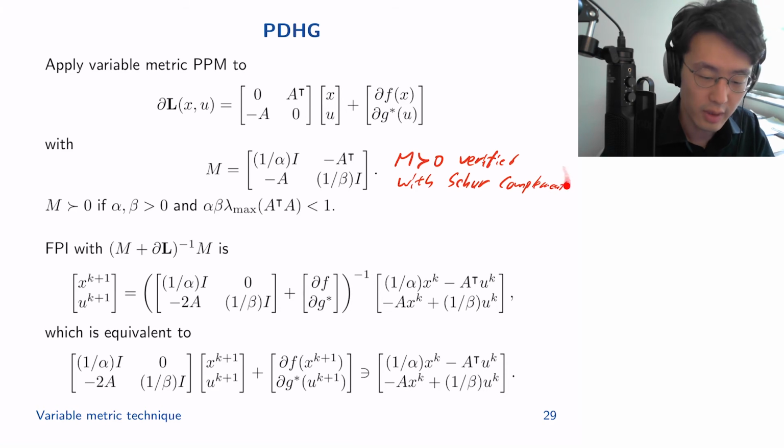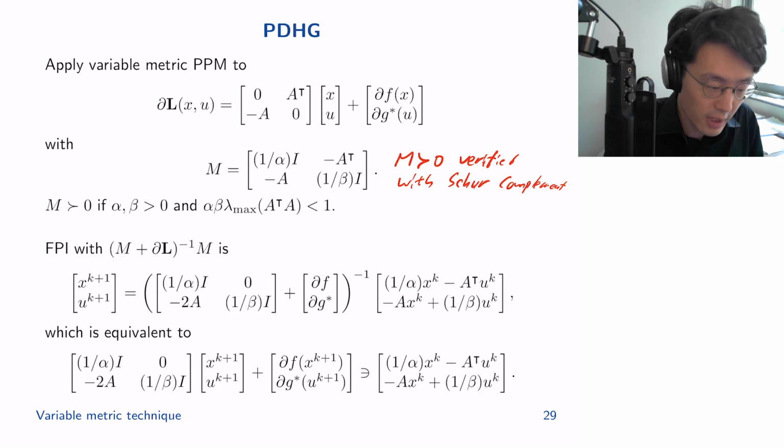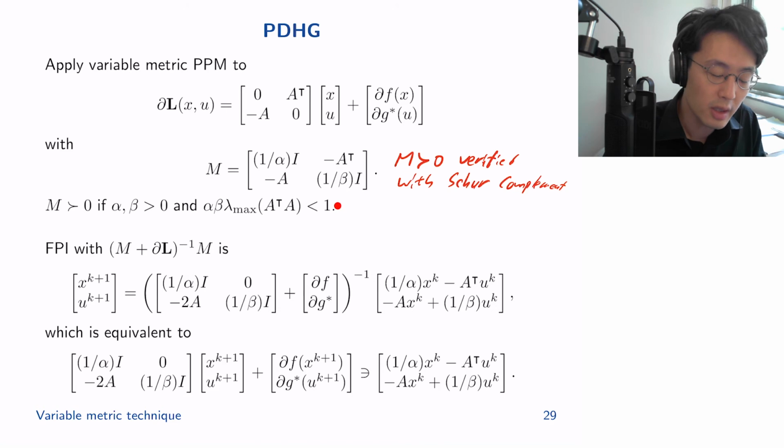I won't go through the calculations, but this is a direct exercise of applying the Schur complement to ensure the positive definiteness of the matrix M. And when we do so, we get the condition that the matrix M is positive definite when alpha and beta are positive scalars, and furthermore, alpha times beta times the largest eigenvalue of A transpose A is strictly less than 1. So under this condition, the matrix M is positive definite, and we are able to apply variable metric PPM.